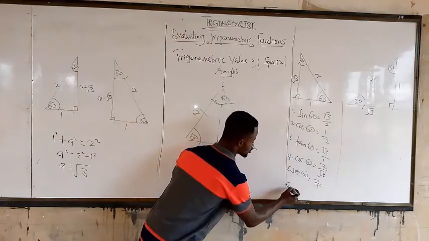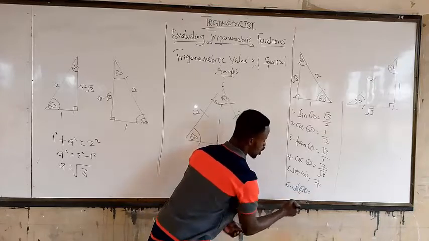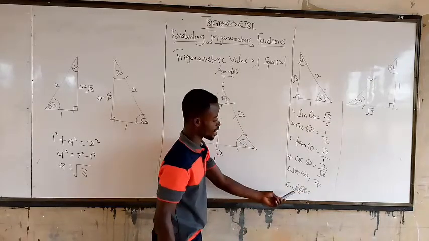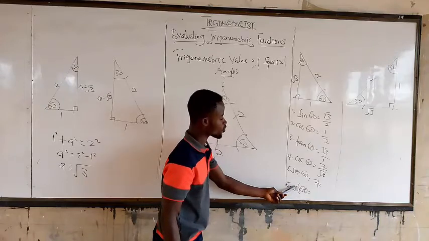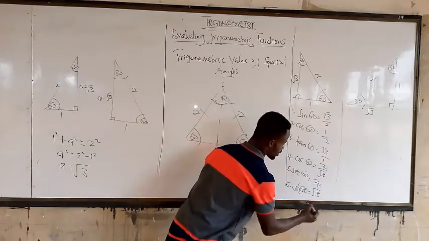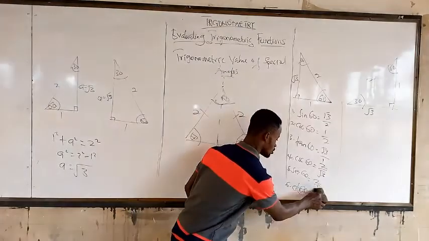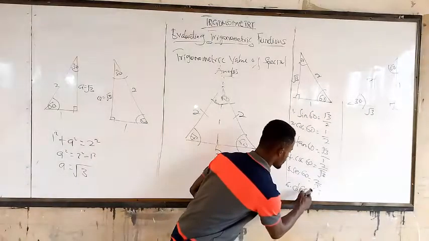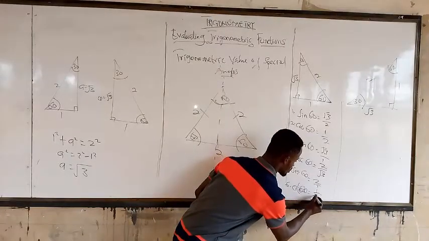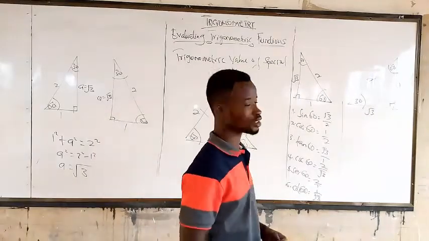And the last one, cot 60, will give you the reciprocal of tan. Sorry, that is 1 over square root of 3. So that is what we are going to have for that.